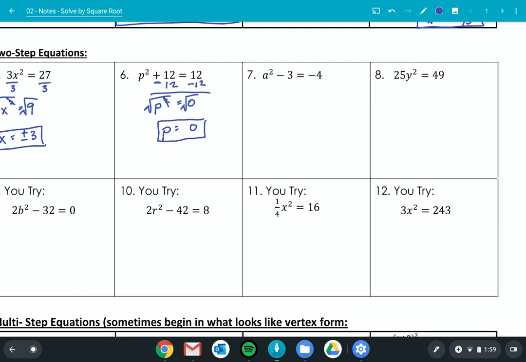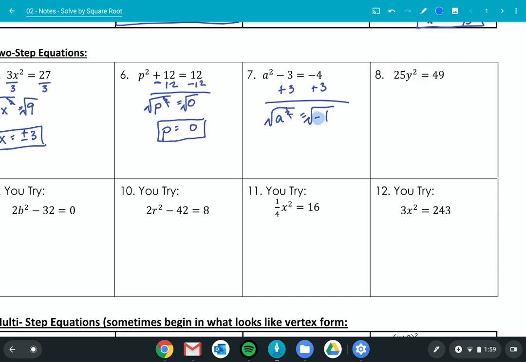So for number 7, right off the bat, what needs to move here? Hopefully you said the minus 3. So to move a minus 3, I'm going to add it because it's obviously subtracting. And when I do this, I get a squared is equal to negative 1. So hopefully from here, you might notice what I'm going to deal with, because we're dealing with that little issue again.